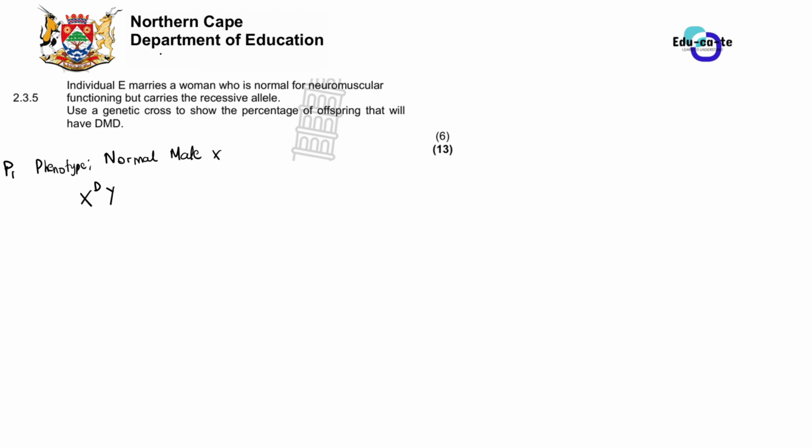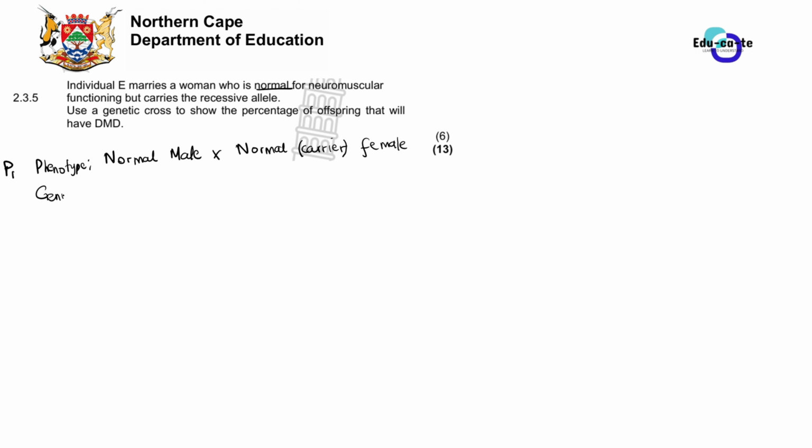You are crossing this with a female who is also normal, so it's also a normal female, but this female is a carrier, so it's a normal carrier female. You're not really penalized for writing carrier or not, so I'll just put that in brackets. So we have got a normal male as well as a normal female, but that female carries the recessive allele for the condition.